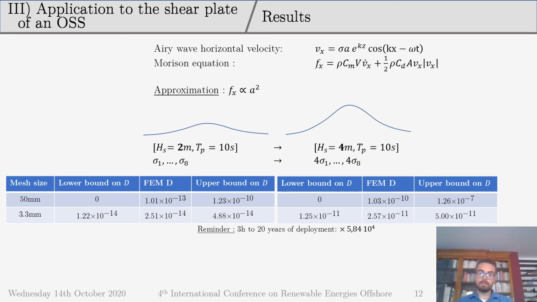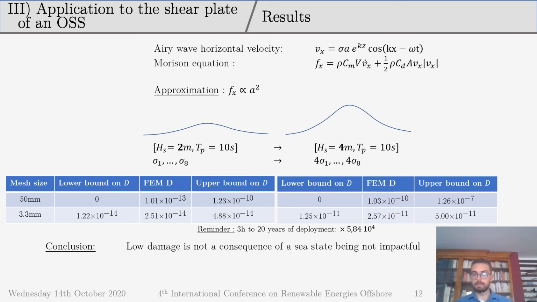As a reminder, to go from 3 hours to 20 years of deployment, it's equivalent to multiplying this damage by 584 times 10 to the power of 4. So basically your damage will be in the range of 10 to the minus 6 on a 20-year deployment at HS equal 4 meters. So it means that low damage is not a consequence of the sea state being not impactful, because HS equal 4 meters should be impactful.